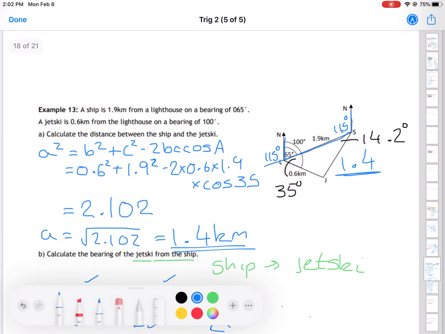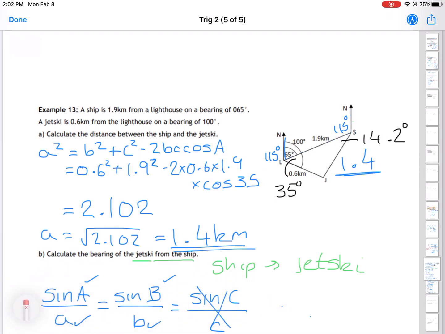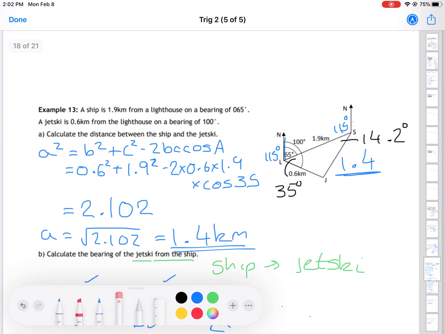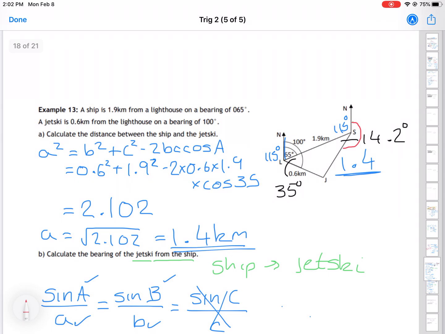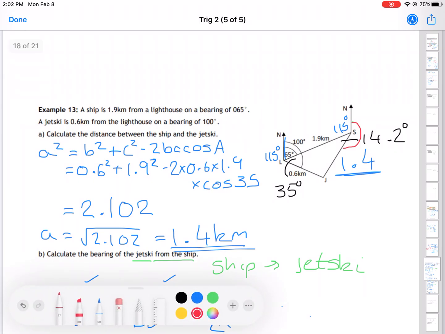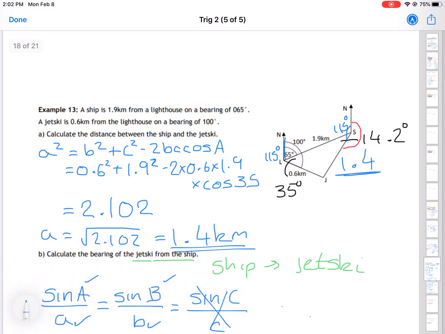So now that I've got that angle, I will get rid of the two blue lines. I am looking to find this angle round the side, the red angle. I am told that the two sections beside that, which make up the 360, are 115 and 14.2.